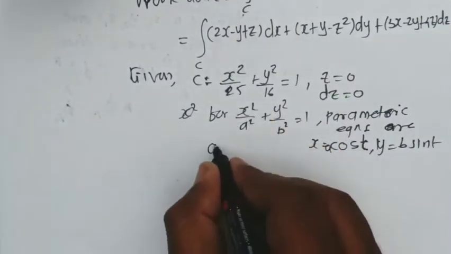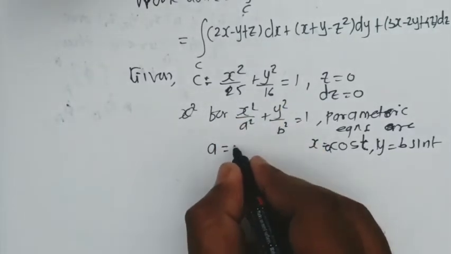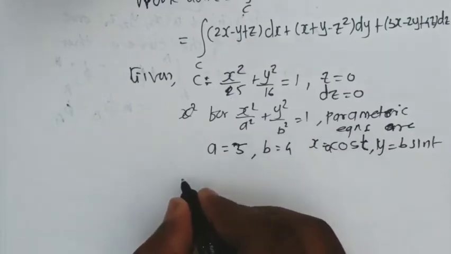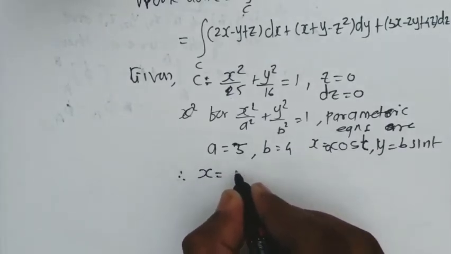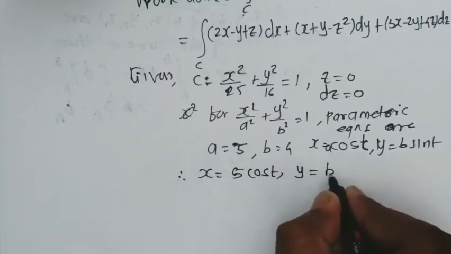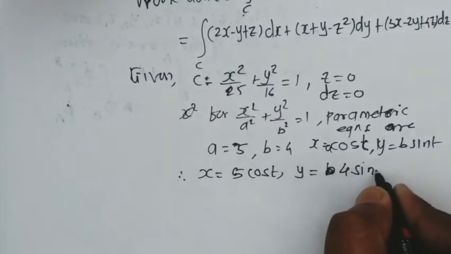Here a square equal to 25, so a is 5, and b square equal to 16, so b is 4. Therefore the parametric equations are x equal to 5 cos t and y equal to 4 sin t.